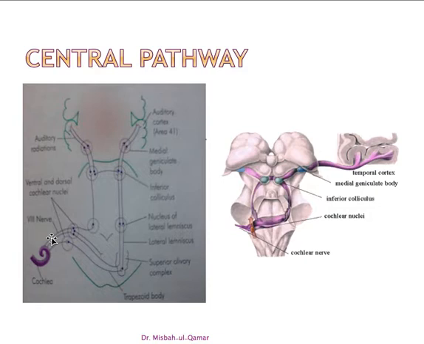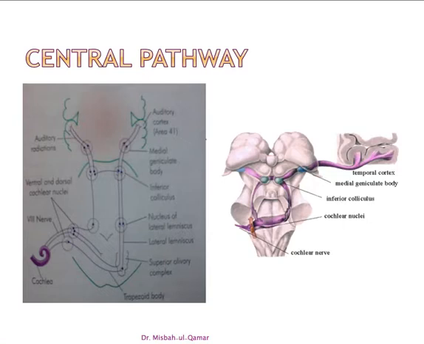The second order neurons are present in the cochlear nuclei and the third order neurons are present in the superior olivary complex and the nuclei of lateral lemnisci.